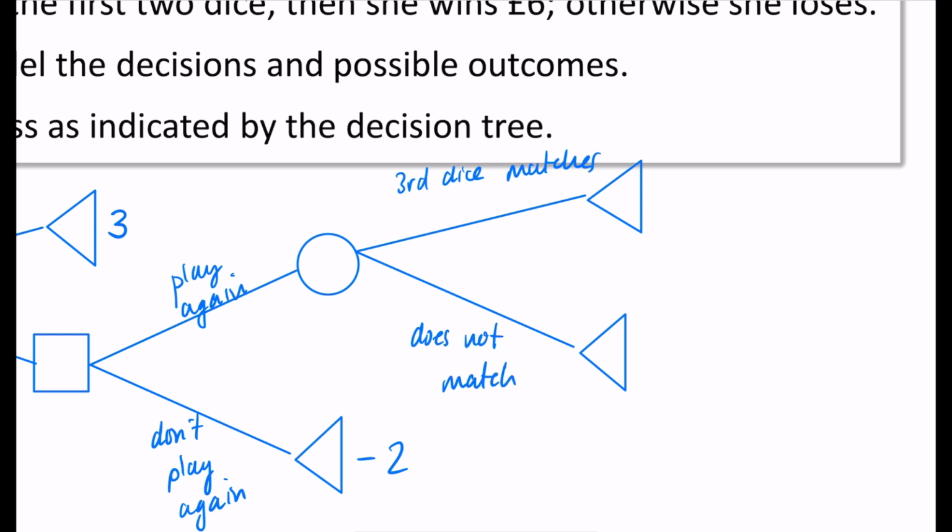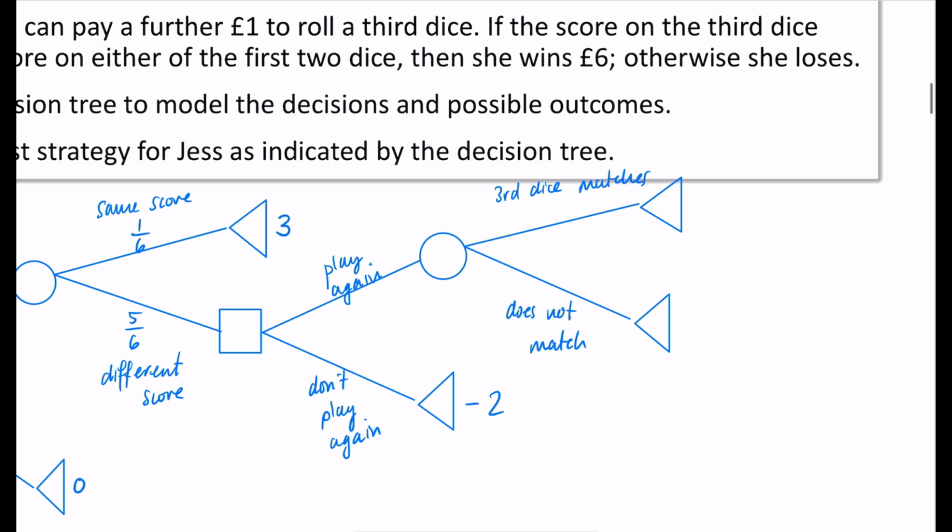So if the third dice matches, well, there's two other numbers that have come up before, and so there's probably a 2 in 6 chance of that occurring. You could do a little bit more explanation of where this is coming from, but the probability of two dice landing on the same value is a sixth. So the third dice is only rolled if the first two are different values, okay?